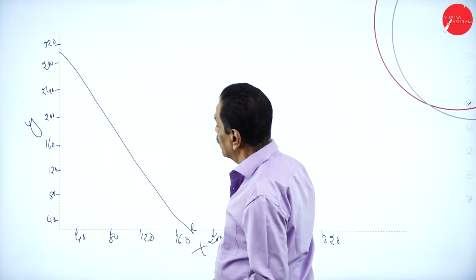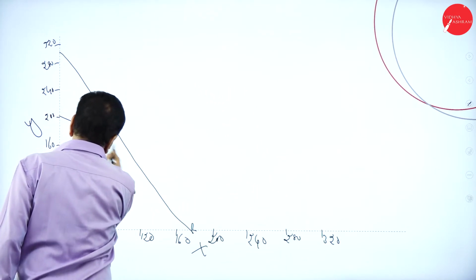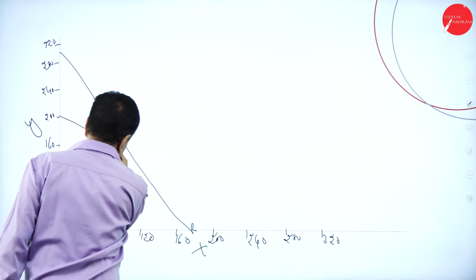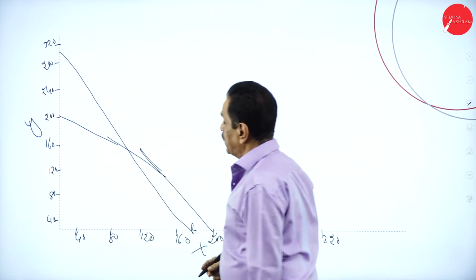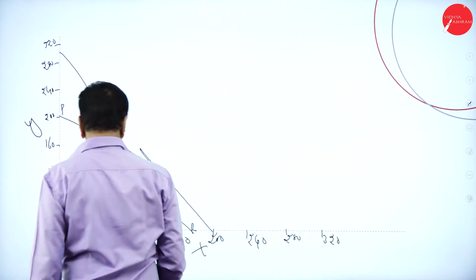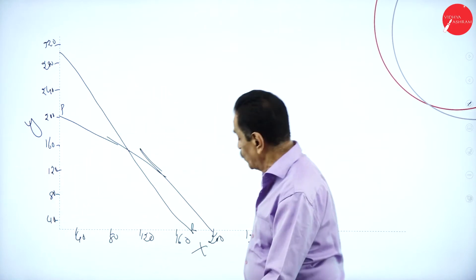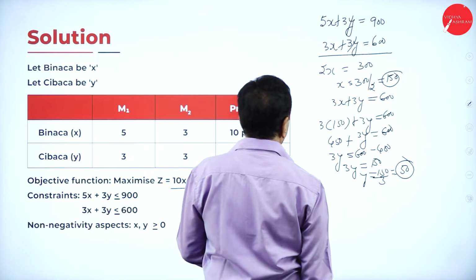Second equation, 200, 200. You call this as P. You join, no? So it should be joined with, what's the value you have to calculate it?